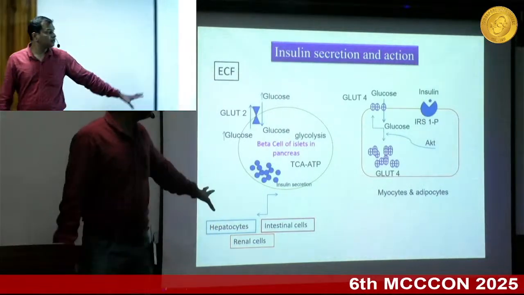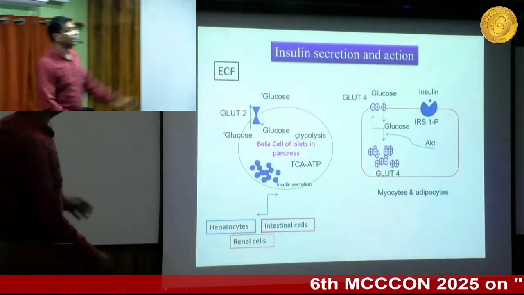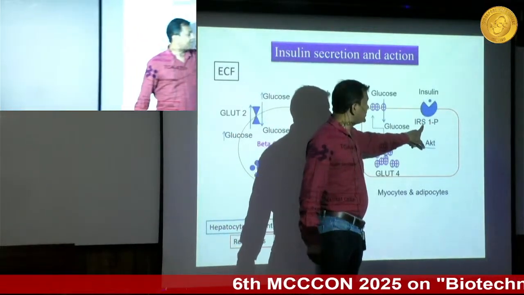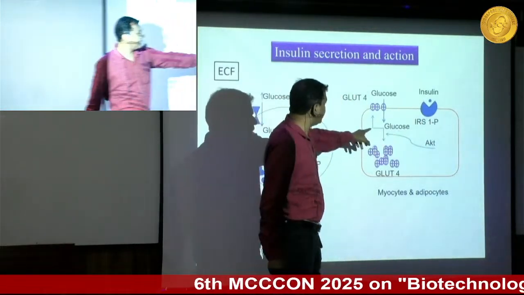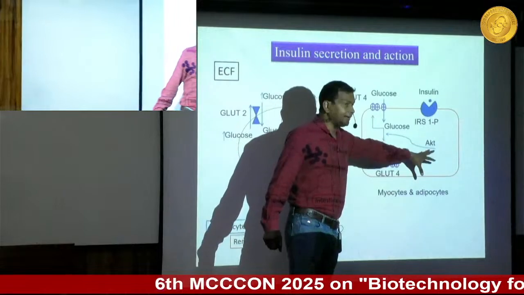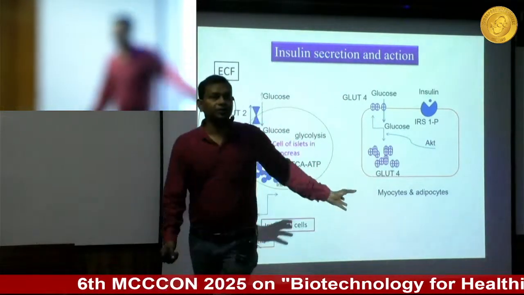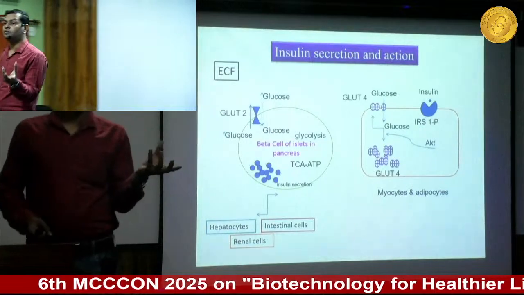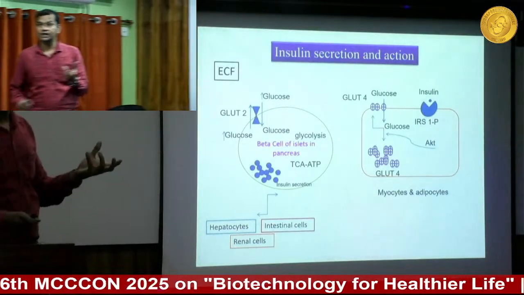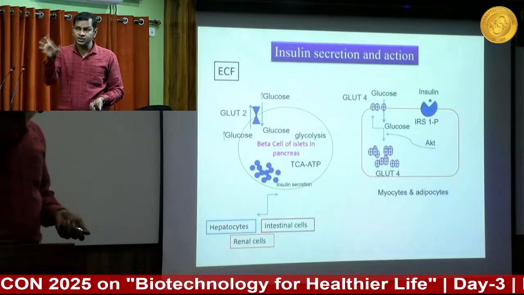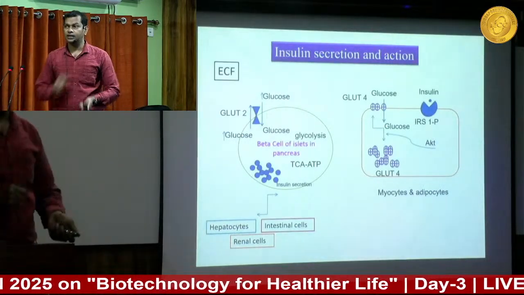This is the insulin secretion. When insulin binds to the insulin receptor substrate, that is phosphorylated, and via AKT protein activation, GLUT4 — here is a new idea, new science — GLUT4 is not produced in our cell.